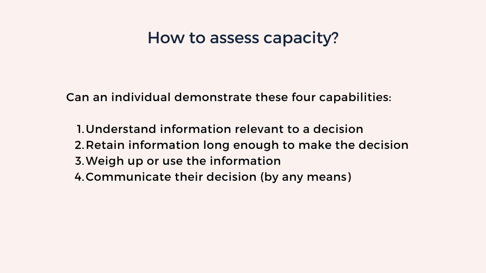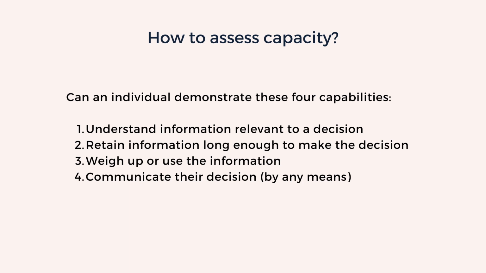When we look at capacity, there are four components that need to be fulfilled for a patient to be deemed to have capacity if we're doing an assessment. We assume that somebody has got capacity unless we suspect they don't have it, then we assess their mental capacity.